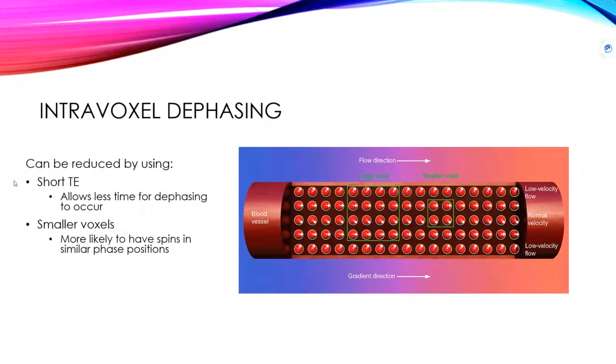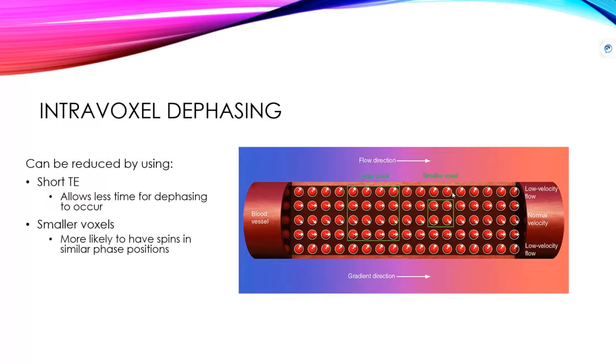So the way that we can reduce it is by using a short time of echo, which means that we're not going to allow dephasing to occur as much. And we're going to use smaller voxels so that we can control how many spins we're imaging at one time. It allows us to collect signal that's more consistent with each other.